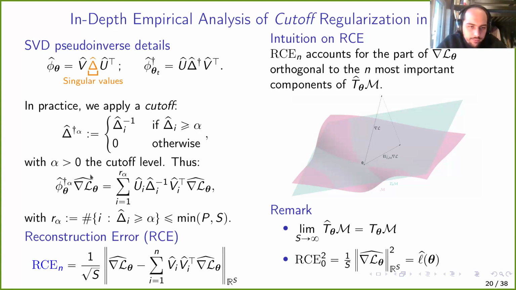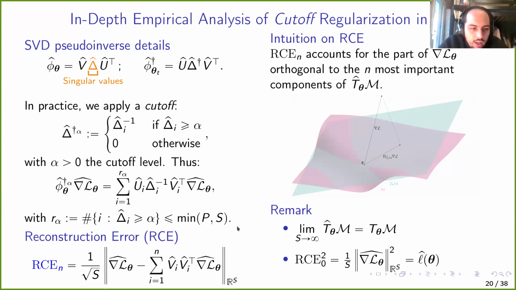In the end, our update is computed through this formula, with a rank defined by the cutoff level. Of course, it's done with matrix multiplications, but mathematically it's equivalent.